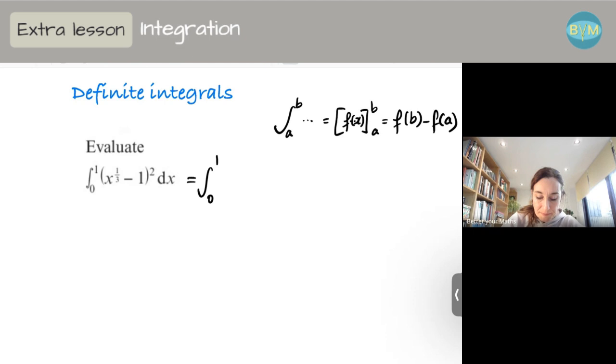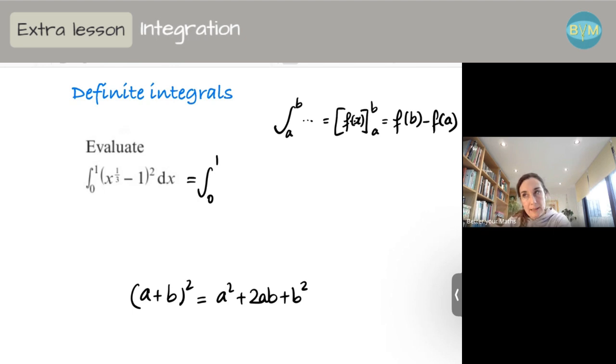Remember, when I have a plus b squared, I can do a squared plus 2ab plus b squared, or I can expand the brackets and then simplify, which is slightly longer. But if you remember this, it's quite handy, it's very quick. So this one squared is x to the power of 1/3 squared, which is x to the power of 2/3.